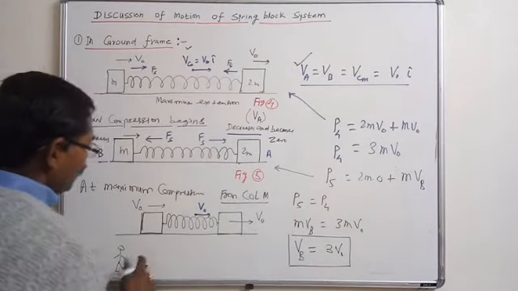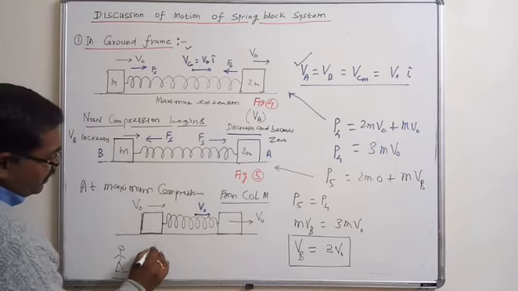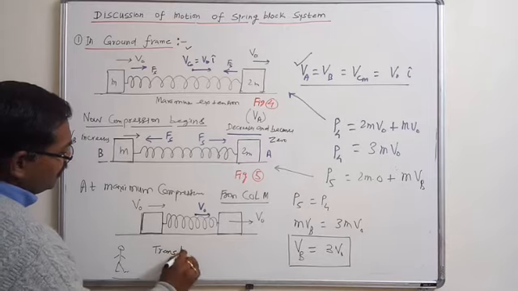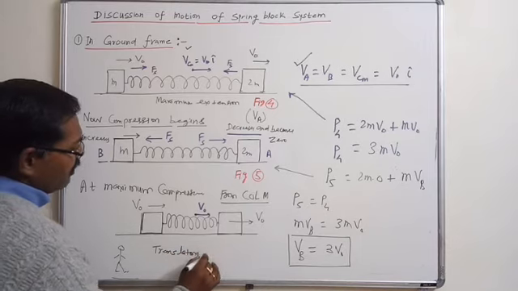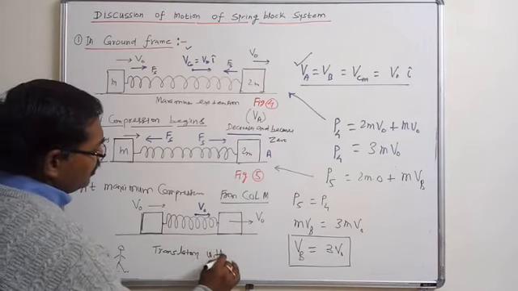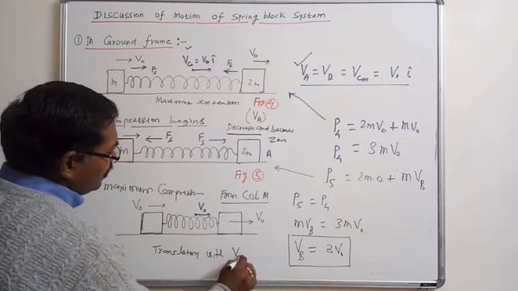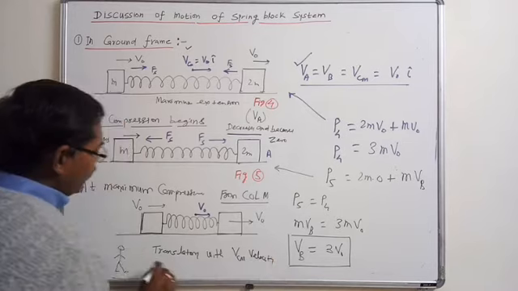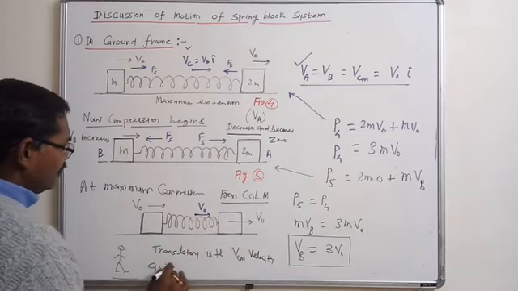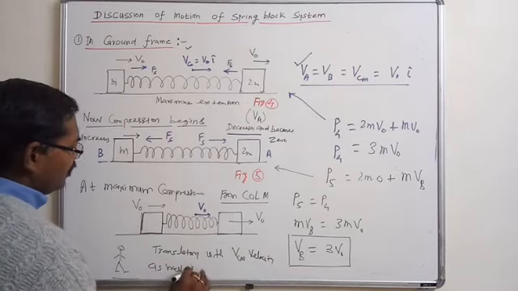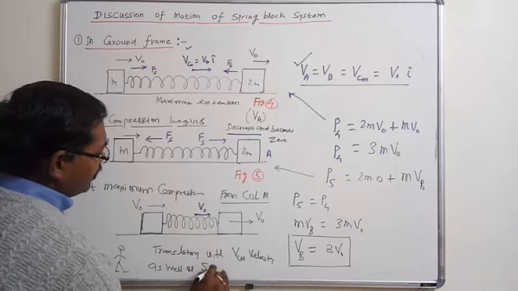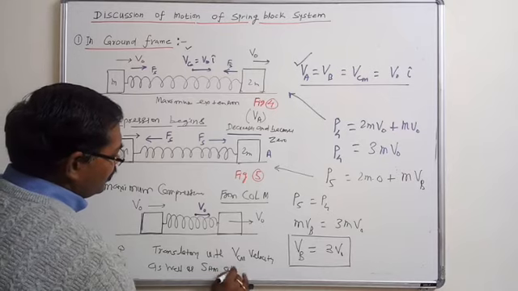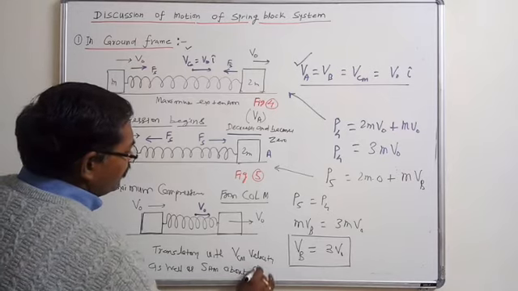So motion for this ground observer would be translatory with VCM velocity as well as SHM about center of mass.